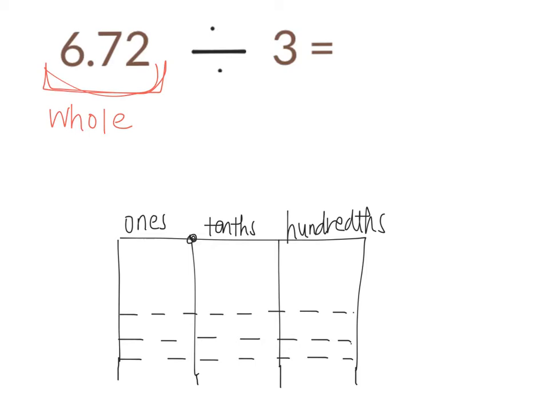Then, the number that tells you how many groups we're splitting it into, in this case, how many groups are we splitting it into? Three. So the number that tells you how many groups you're splitting it into, we call that the divisor. And then finally, we have a third number, don't we? That's going to be the answer.